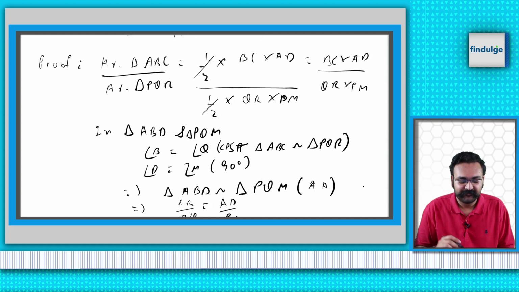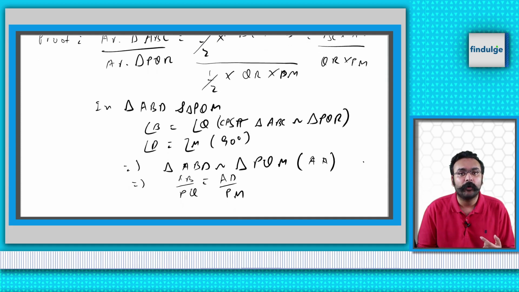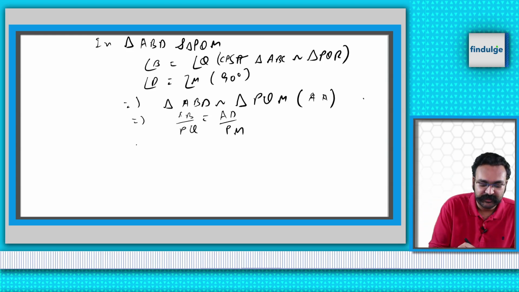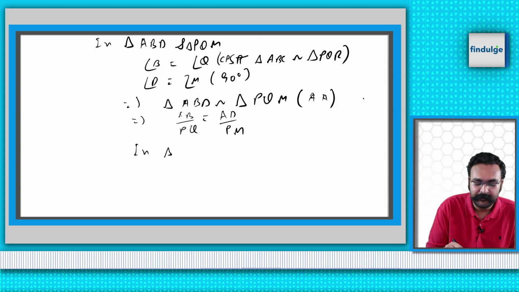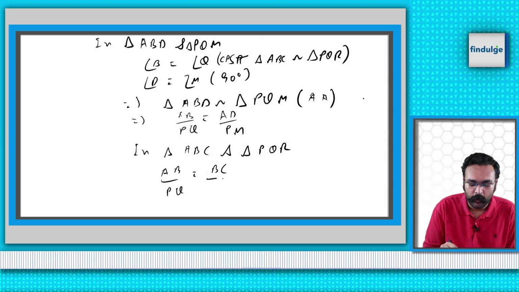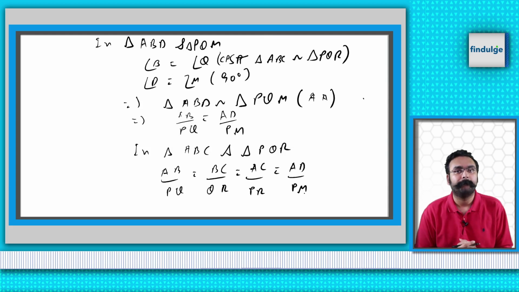We also know that in triangles ABC and PQR, by CPST, AB upon PQ is equal to BC upon QR is equal to AC upon PR is equal to AD upon PM.